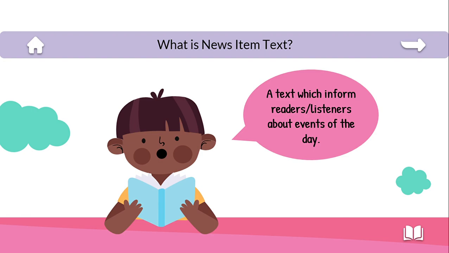What is news item text? News item text is a text which informs readers or listeners about events of the day. It is usually considered a newsworthy event, and everybody should know about the event because it is important to be informed.